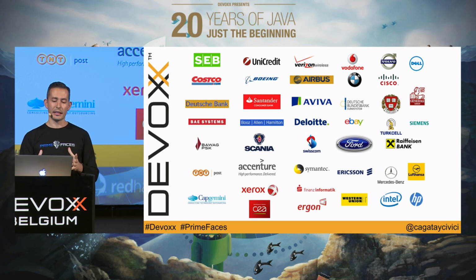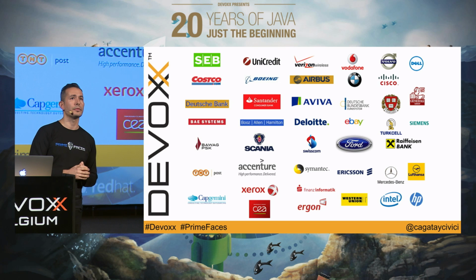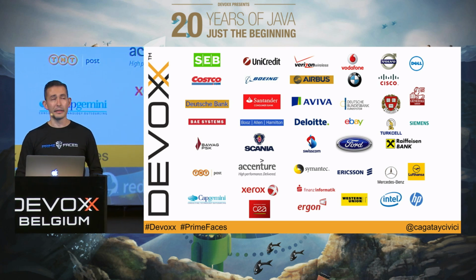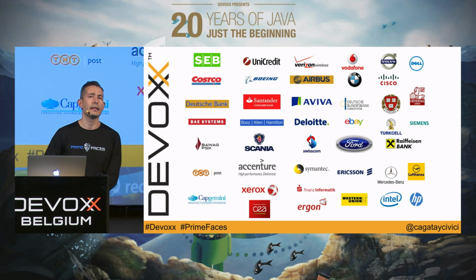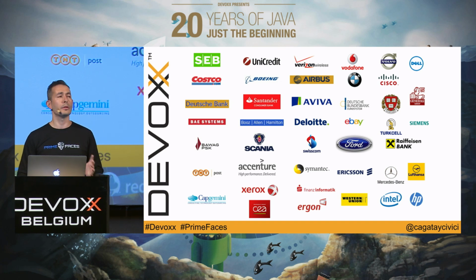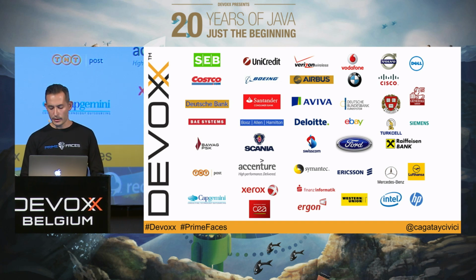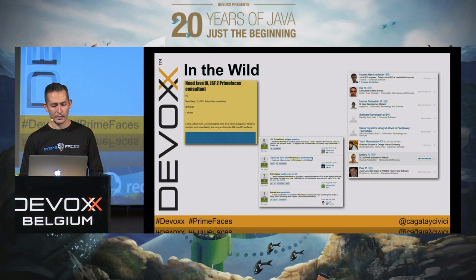Most of these companies are users and clients of PrimeFaces. And in Belgium, we have a couple of clients, especially in governments. Lately, government agencies in Europe and the United States are also picking PrimeFaces for their projects.